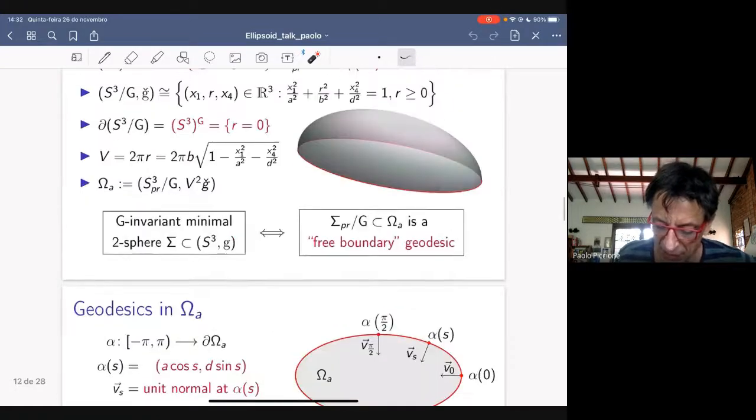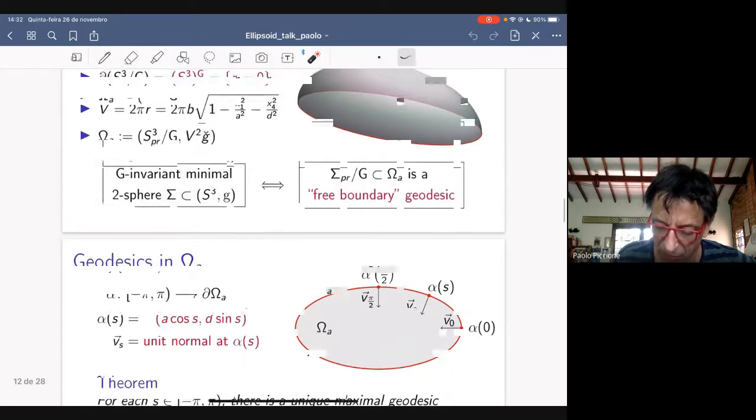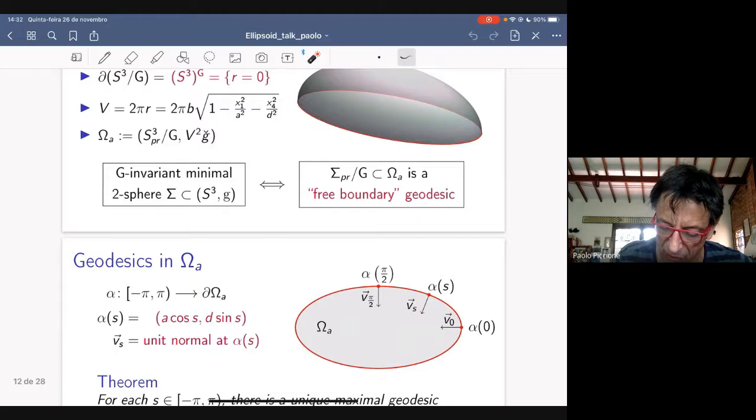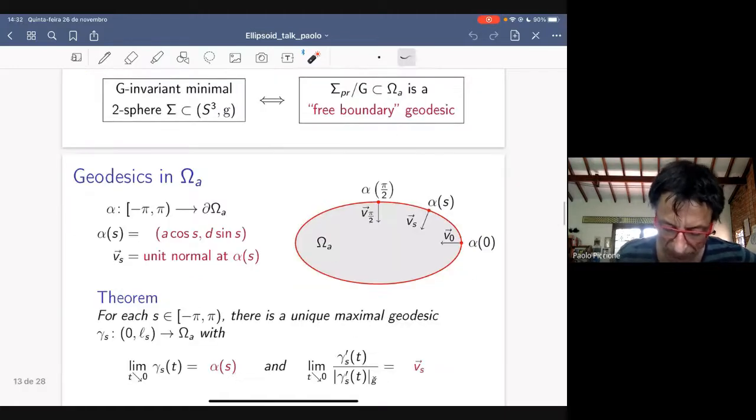So let's imagine now that we can project this ellipsoid on the plane and have a real ellipse, okay? But keep in mind that the metric is non-flat here. The metric is the conformal metric obtained by multiplying the metric of the ellipsoid here times this function, okay? But in any case, we have this ellipse with this boundary, which is singular.